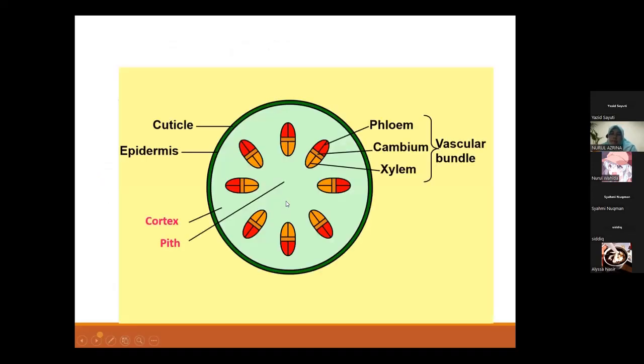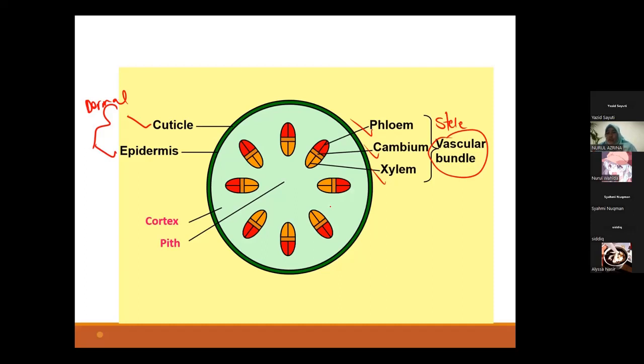Okay, tengok gambar ni. Right? So, recap again. Cuticle, epidermis. This is what kind of tissue? Dermal. Okay, very good. Now we have phloem, xylem, cambium. So this is vascular bundle, so definitely we know this is vascular tissue, or we call as stele for eudicote. Now, next is the one yang color hijau cair tu. The light green is the ground tissue.